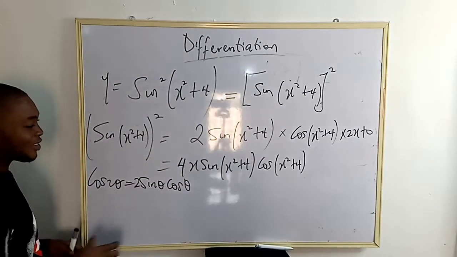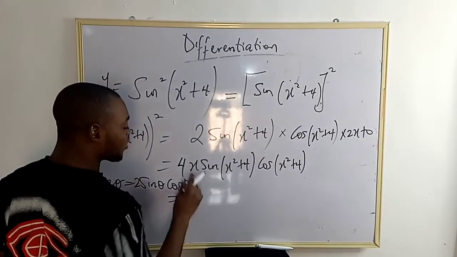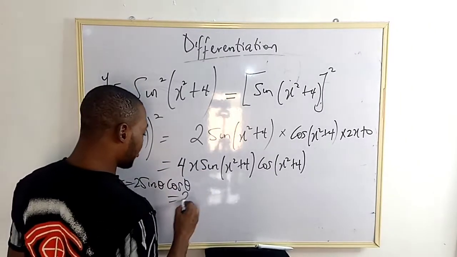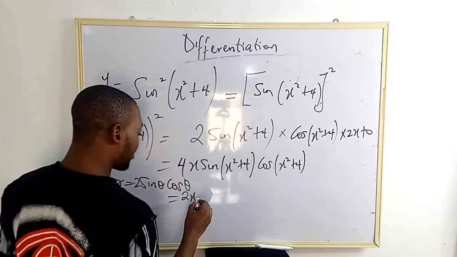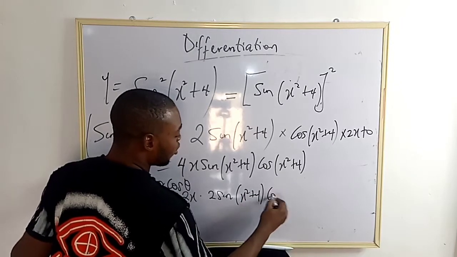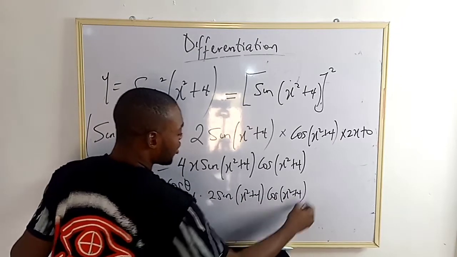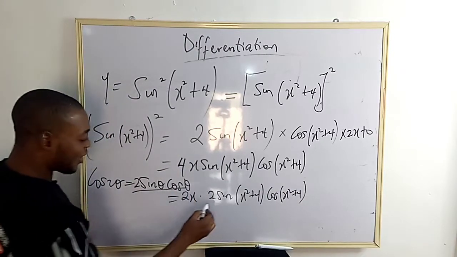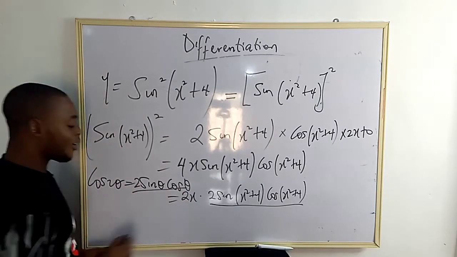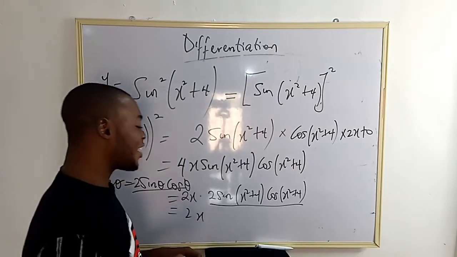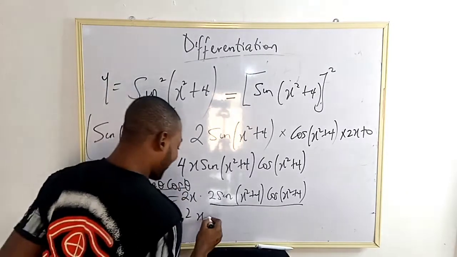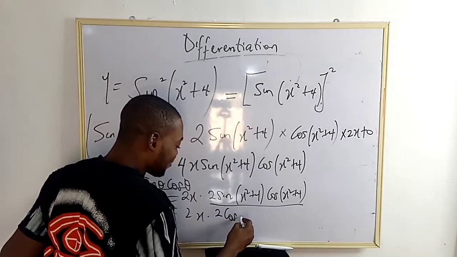from here it means we can change this 4x sine of x squared plus 4. Factorize out, bring out 2x. It can be written as 2x multiplied by 2 sine of x squared plus 4 cos of x squared plus 4. This is the same thing as 2 sin theta cos theta. If 2 sin theta cos theta is equal to sin 2 theta, that implies that 2 sine of x squared plus 4 cos of x squared plus 4 will be equal to sin 2 times x squared plus 4. Follow this, please.